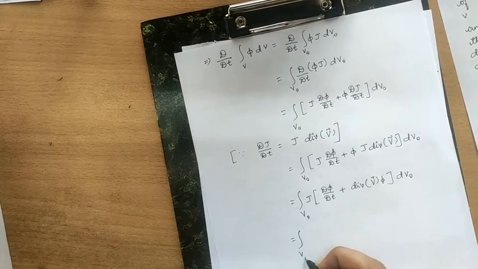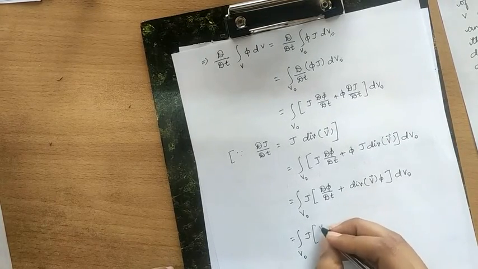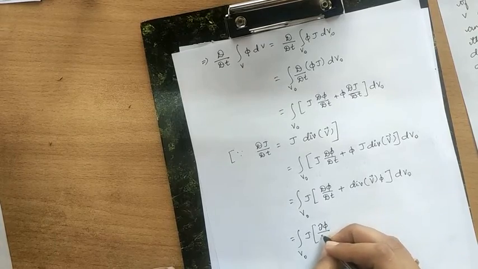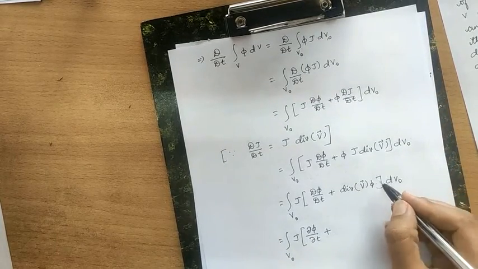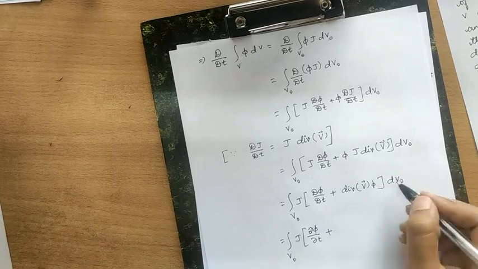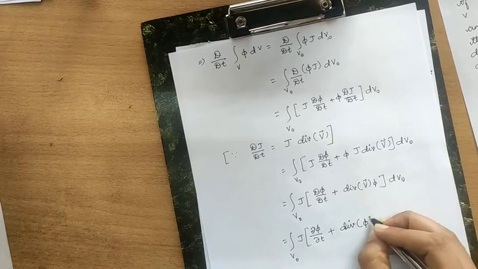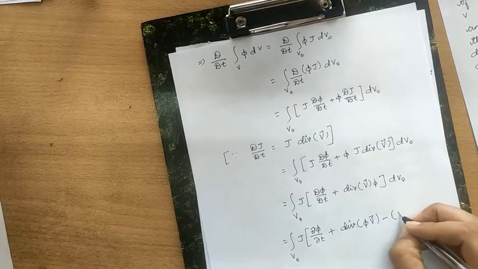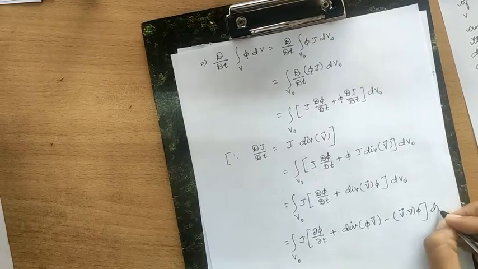This is equal to integral over V0 of J into, I will write d phi by dt as dou phi by dou t plus, using vector identity, divergence of phi v is nothing but divergence of phi into vector v minus vector v dot del phi, dV0.